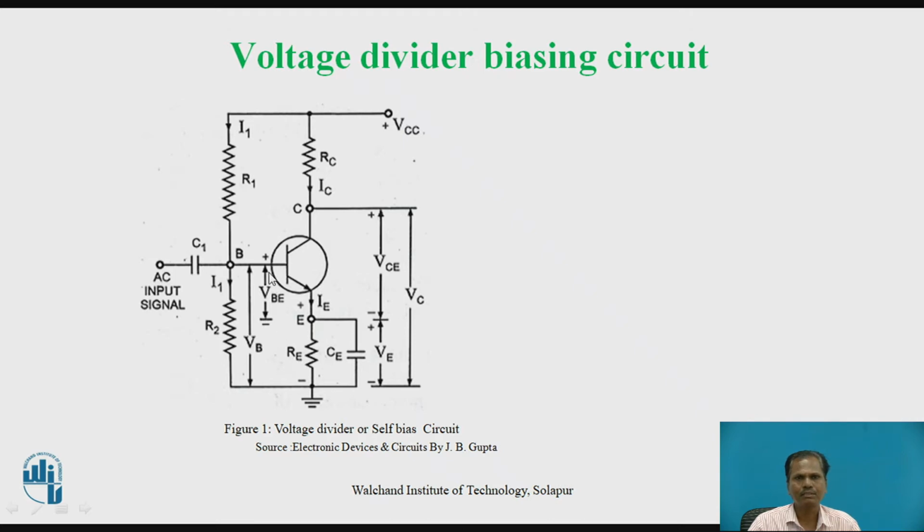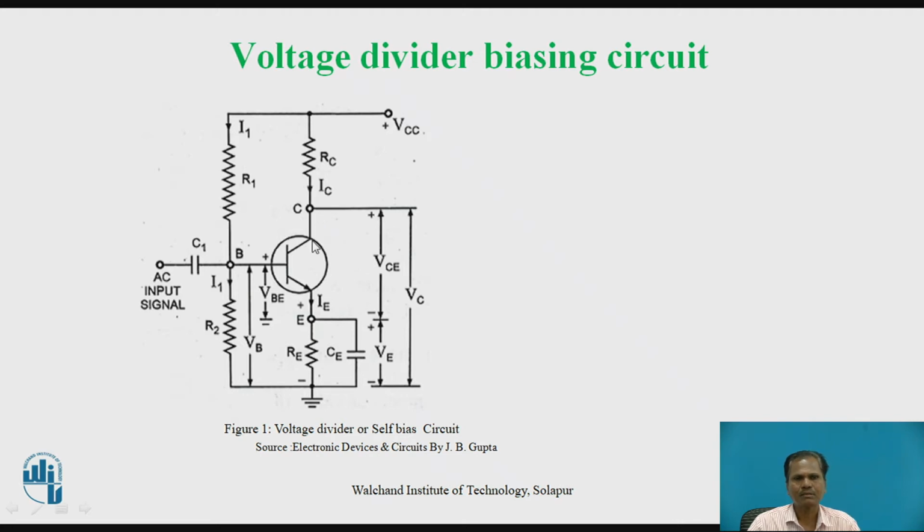So that's why this biasing circuit can be called a voltage divider biasing or self bias with emitter bias. Using R1, R2 and RE, the base emitter junction of the transistor is biased and a desired value of base current IB is set. Corresponding to that, we have a DC collector current in the collector circuit.